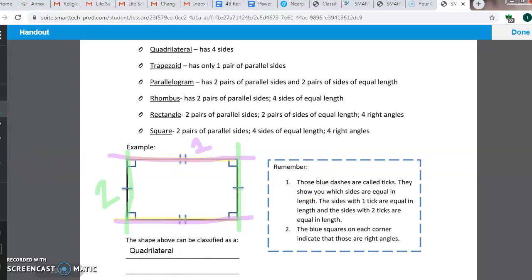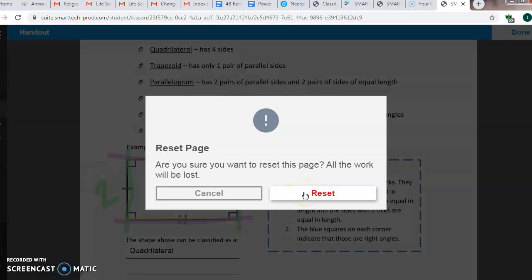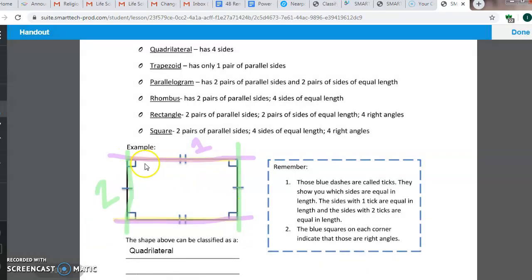Well, boys and girls, let me take my eraser and just erase these marks that I made before. Okay. All right.